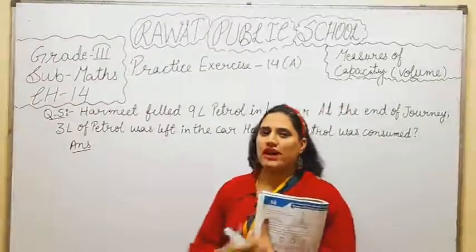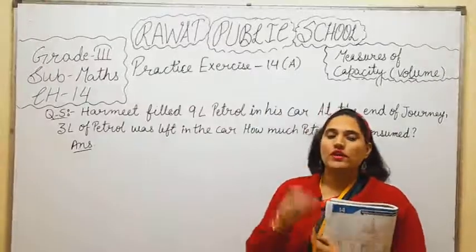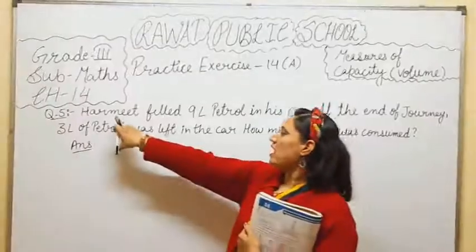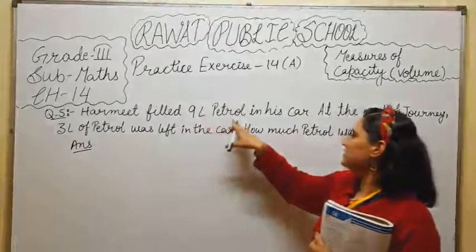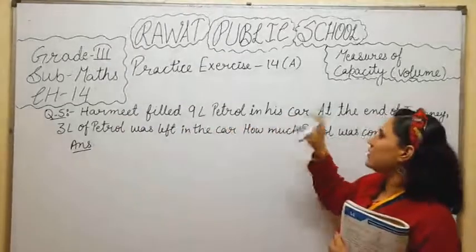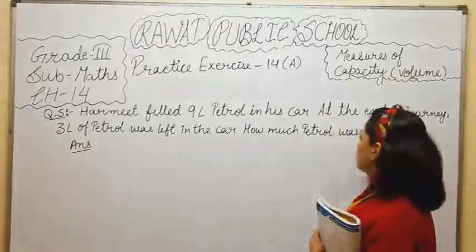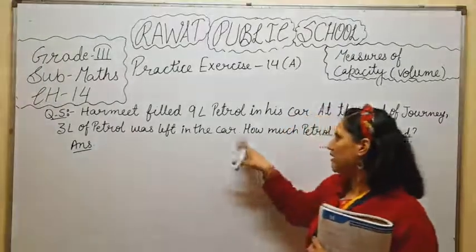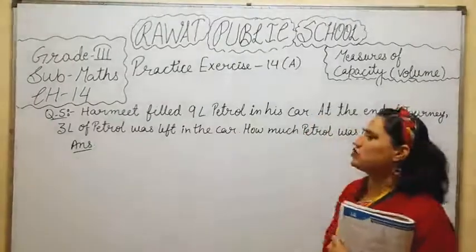So, question number 5 is based on a word problem. Harmeet filled 9 liter petrol in his car. At the end of the journey, 3 liter of petrol was left in the car. How much petrol was consumed?